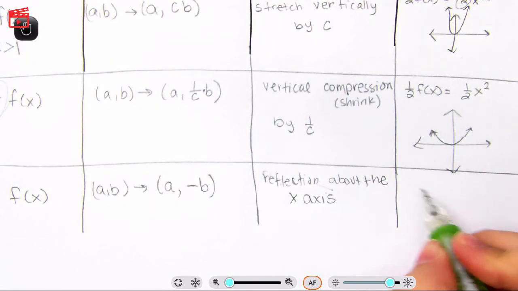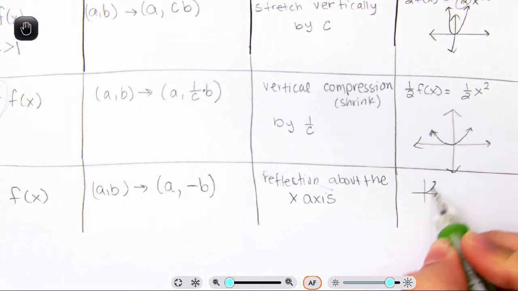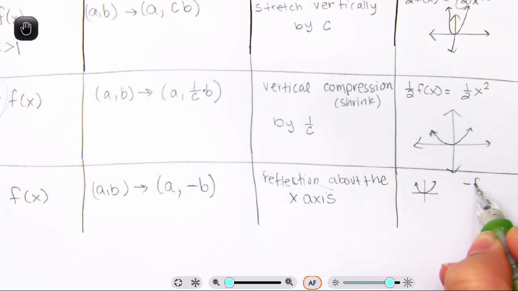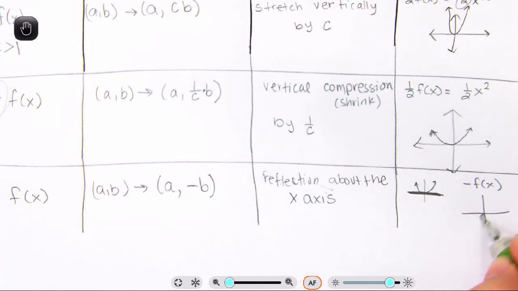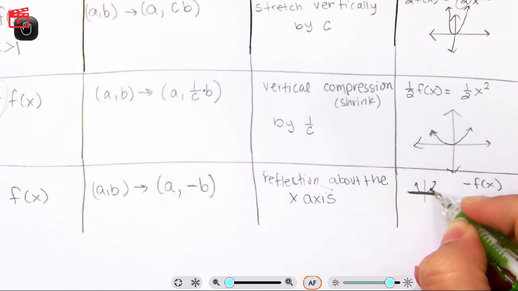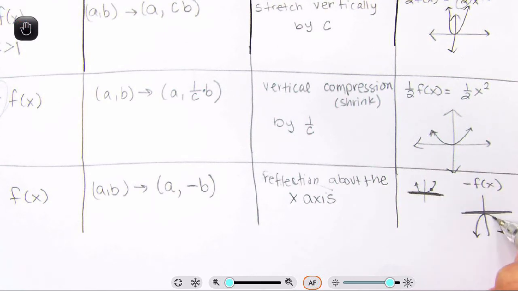So if this is our parent function and we want to flip it, we're going to reflect it across the x-axis. That's our mirror, so now it looks like this. If I had a value 1, 1, now the value is 1, negative 1. So we are changing vertically, just the flip happens across the x-axis.